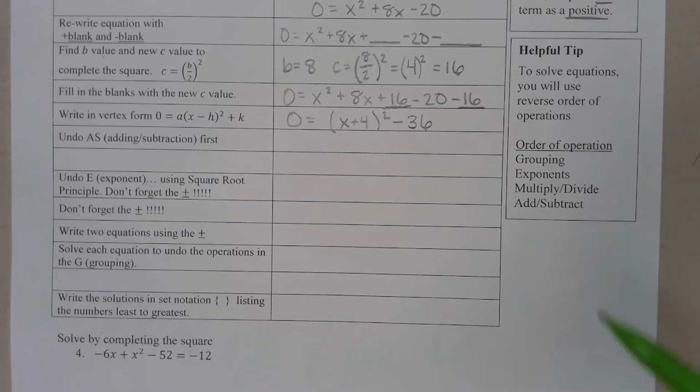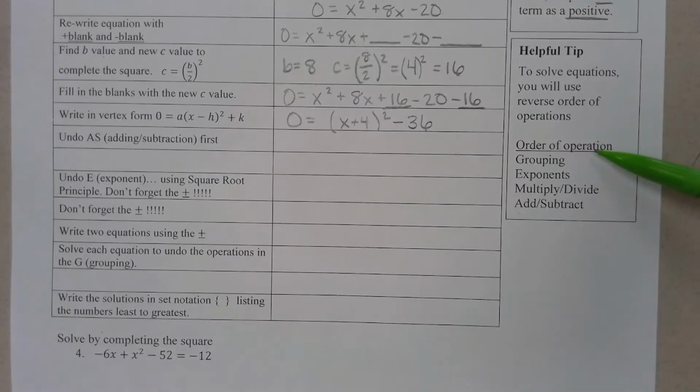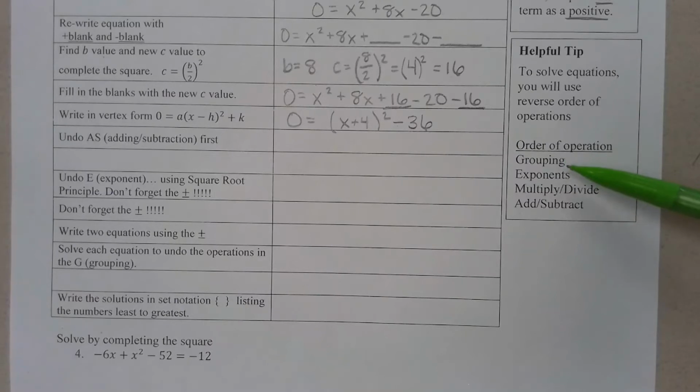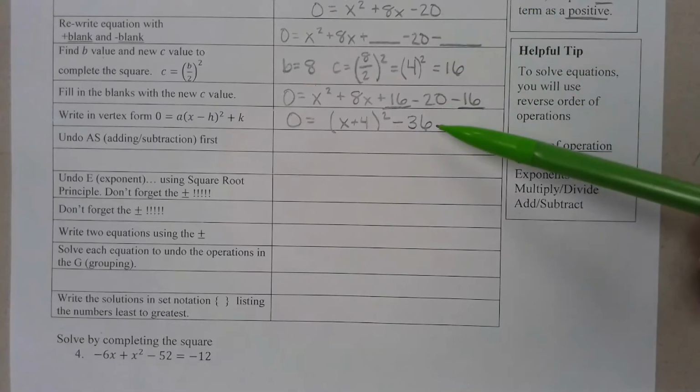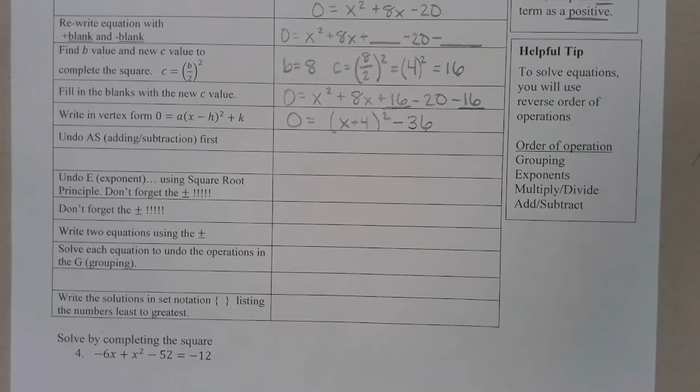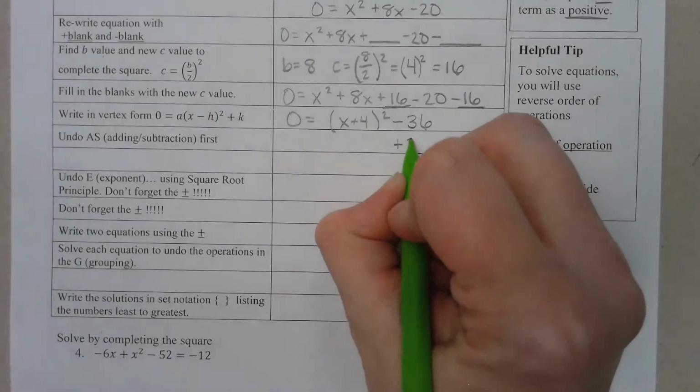So in order to solve, we undo the order of operations. If you have any grouping, exponents, multiplication, division, or adding or subtracting. Once you do the process of completing the square, we can just undo the operations to solve this equation. So we actually will start with adding 36.